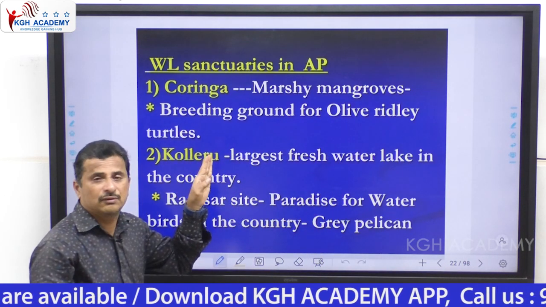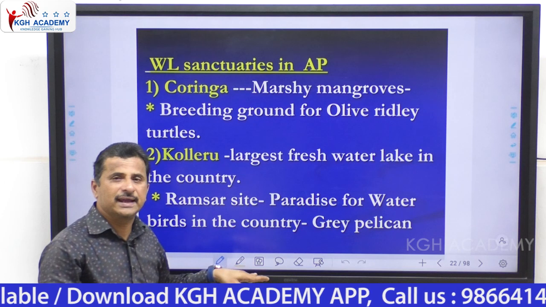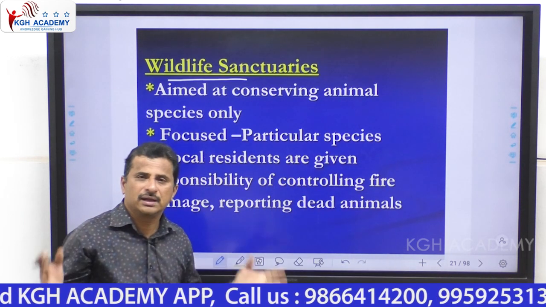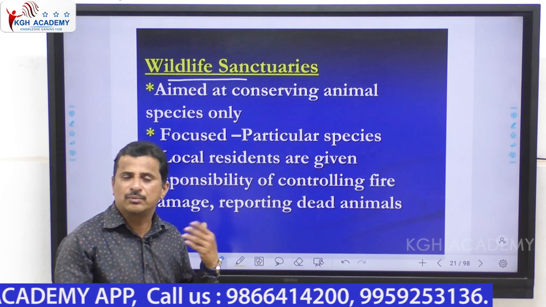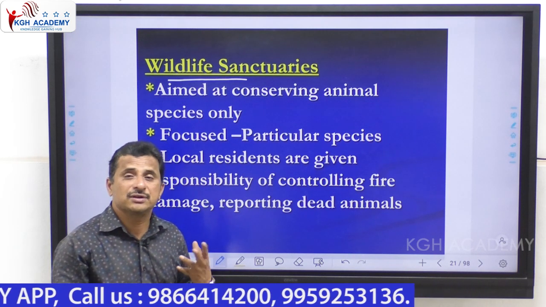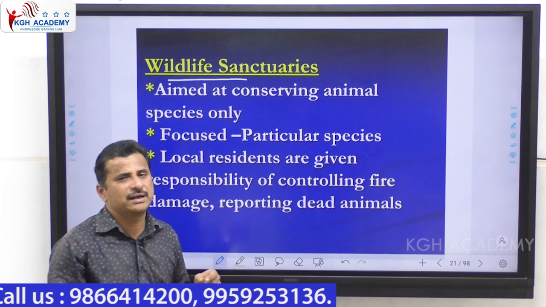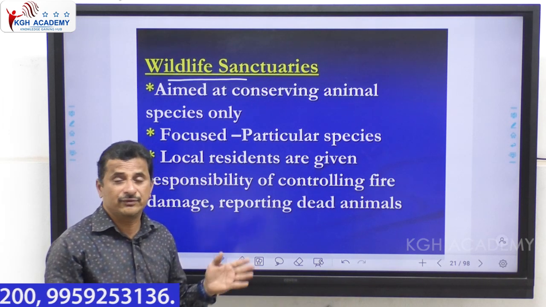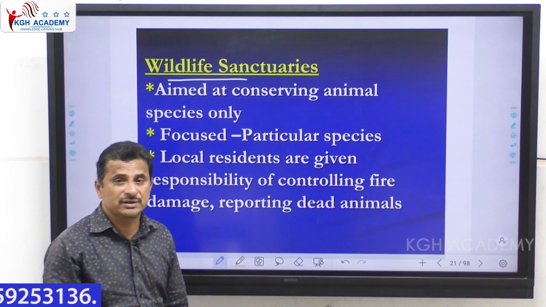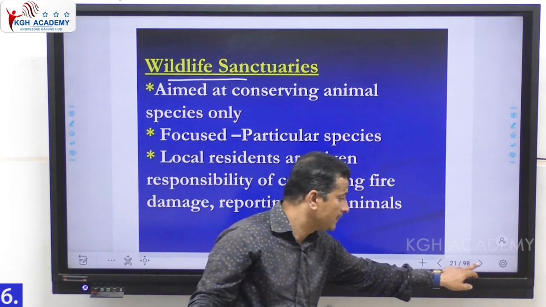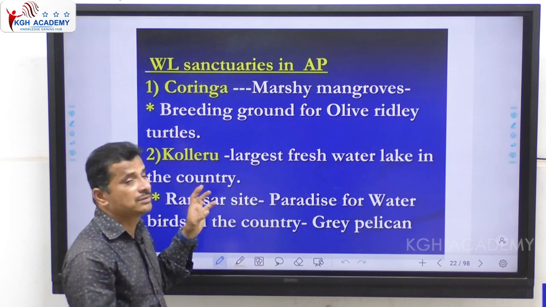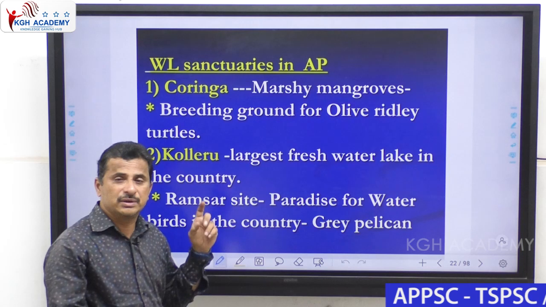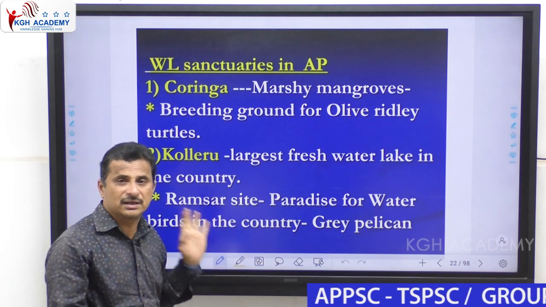Here I am giving wildlife sanctuaries in AP and Telangana. In total in India, above 500 wildlife sanctuaries are present. It is not possible to memorize them by heart. Total above 550 wildlife sanctuaries. So that's why I am giving only a few important wildlife sanctuaries, that too belonging to Andhra Pradesh and Telangana.